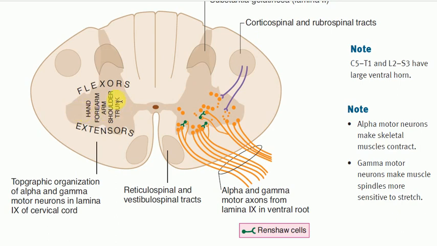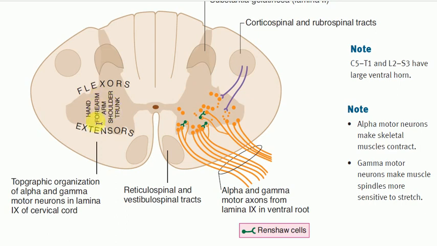The alpha motor neurons innervating the trunk muscles are present medially, and then the alpha motor neurons supplying the shoulder muscles are lateral to the trunk muscles, and the arm muscles are lateral to the shoulder muscles.